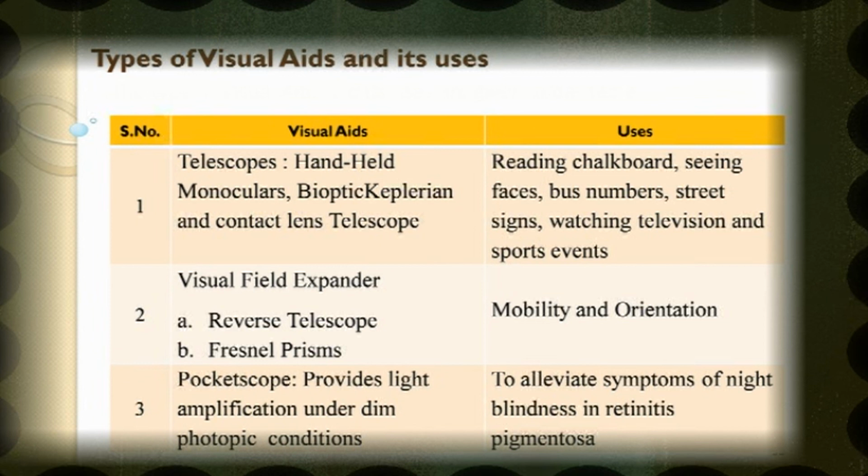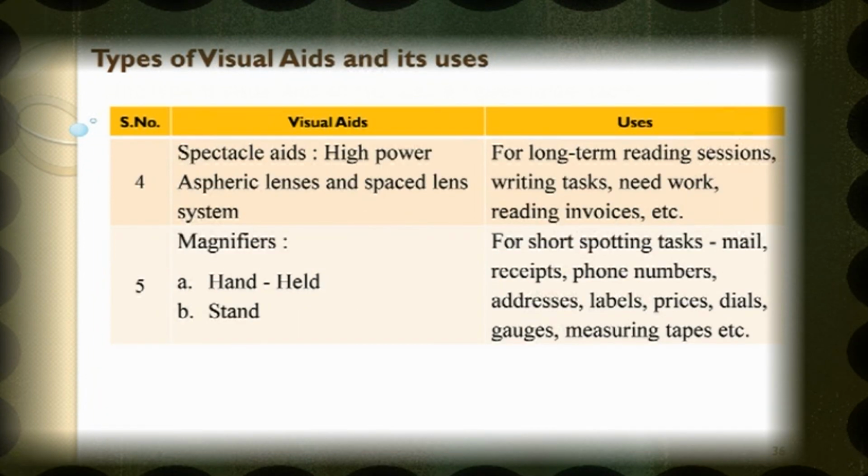The next one is the pocket scope, which provides light amplification under dim photopic conditions. The use is to alleviate symptoms of night blindness in retinitis pigmentosa. The next aid is spectacle aids, high power aspheric lenses and spaced lens system.